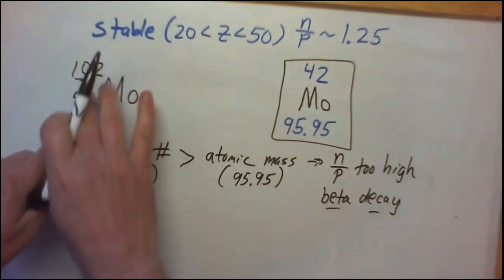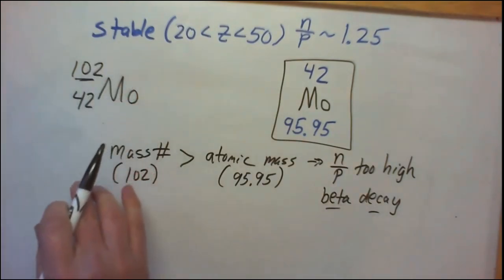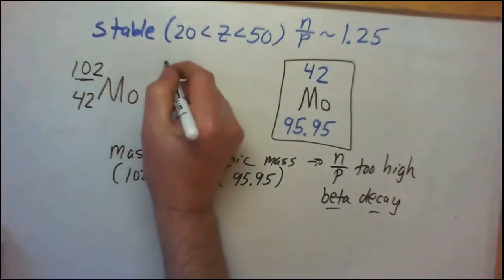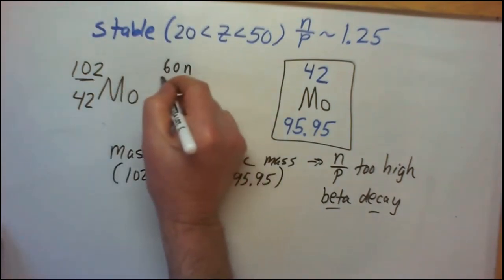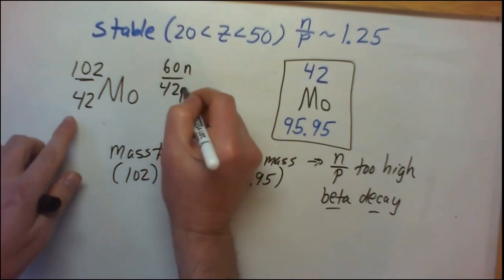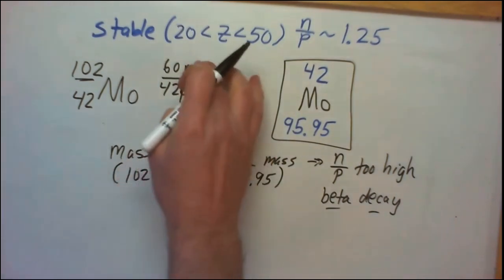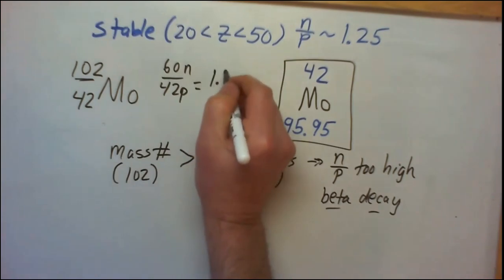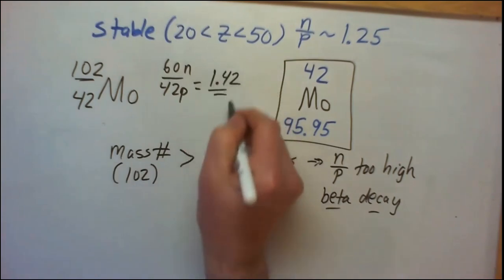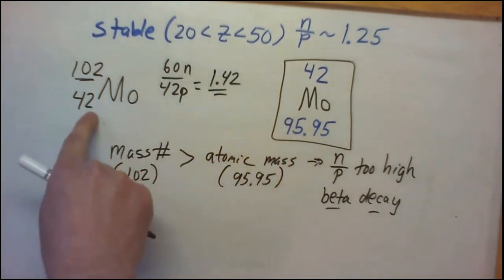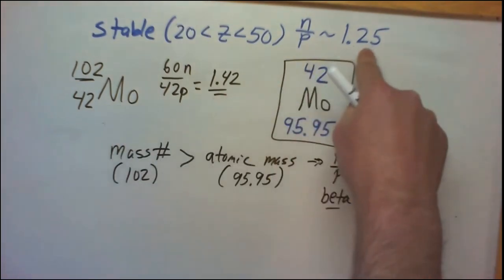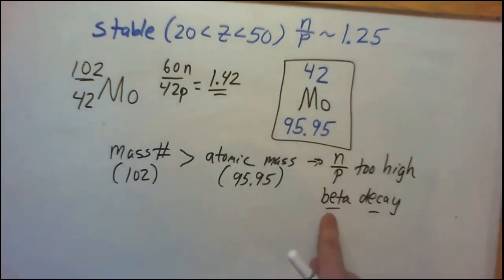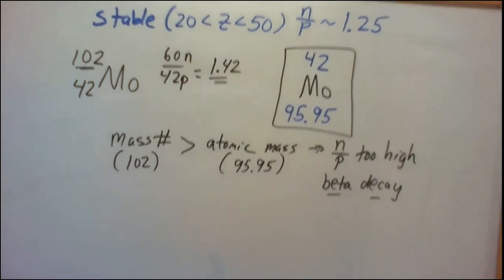So for molybdenum 102, it has 60 neutrons to 42 protons to give us a neutron-to-proton ratio of about 1.42. And 1.42 for this size isotope is a lot higher than what it should be. So the neutron-proton ratio is so high, it should undergo beta decay.